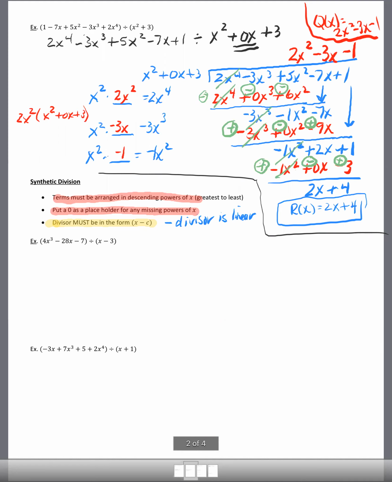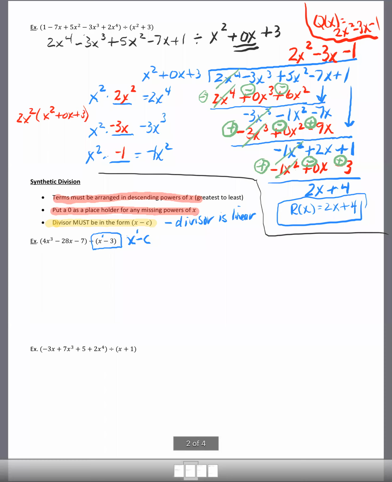So if you look at the first example here, you'll see that we have a great candidate here. Because back here in the divisor, right back here, this is your divisor, you'll see that you have of the form x minus c. It's to the first power that variable x is. And so we know we're in the right form.